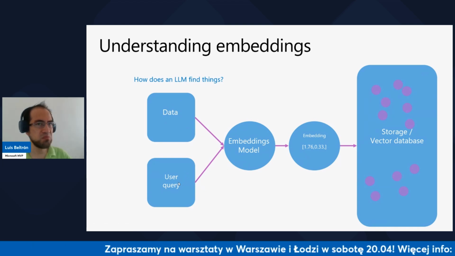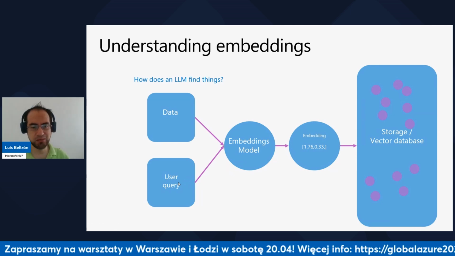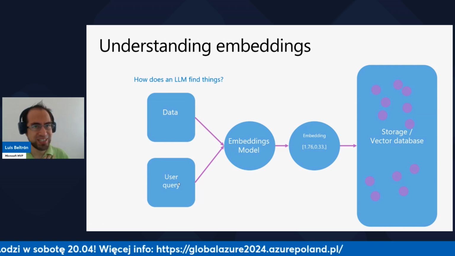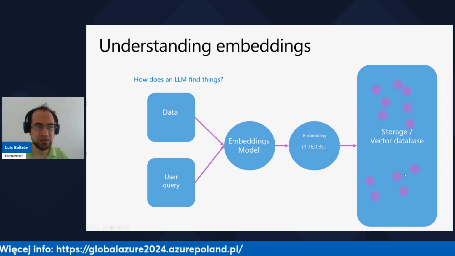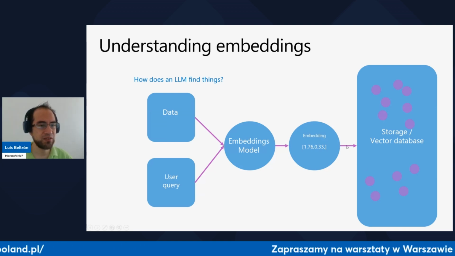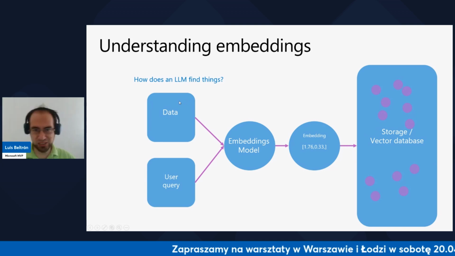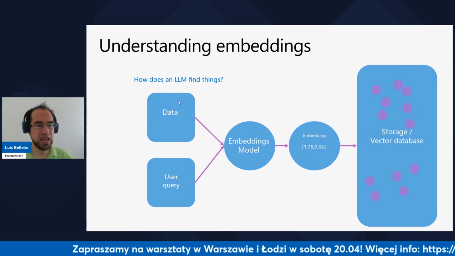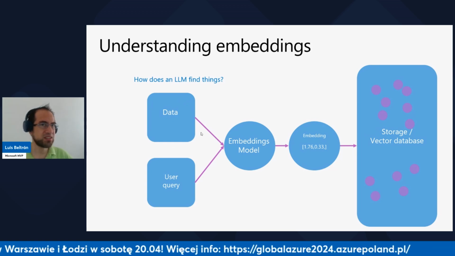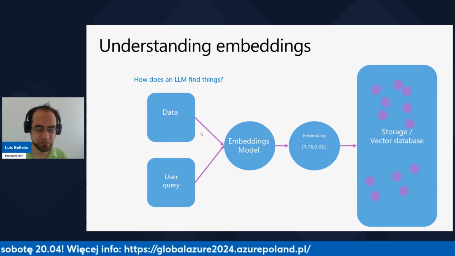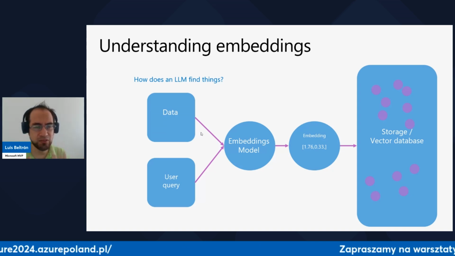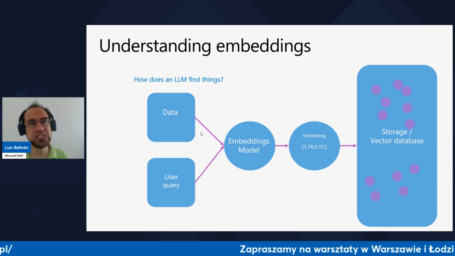If we are working with numbers, we can measure the distance between the embedding of our query and what we have stored in the vector database, because it would be expensive if all the sources were embedded every time there is a query from the user, right? What happens is that at some point all the data is converted into embeddings, and that information is stored in a vector database.